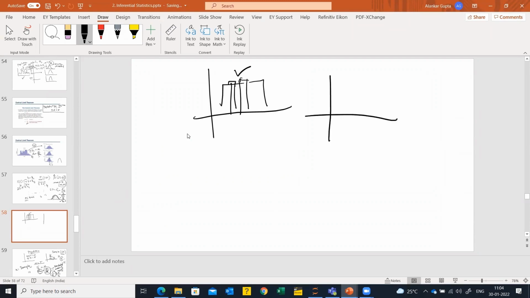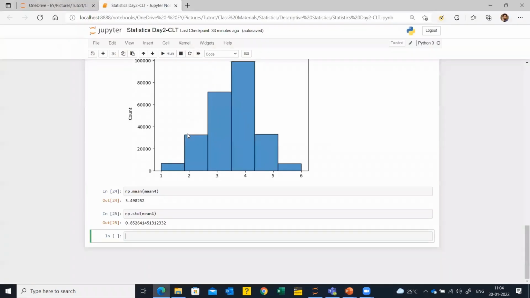If you have a bimodal, you will have 2 peaks. Say for example, here is also a peak. So you have one peak here and one peak here. Okay. Now let's do it for a bimodal data.